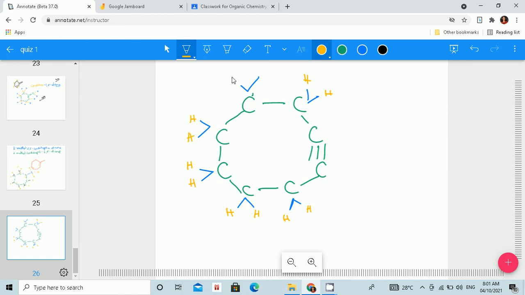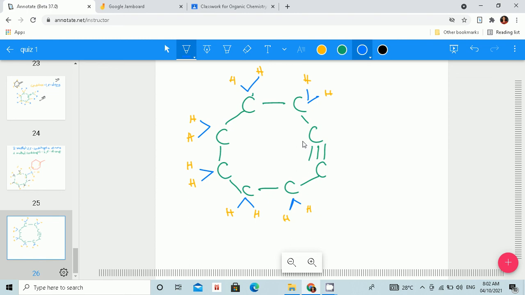Okay, how are we going to name this one? So let's count the number of carbons. Of course, this is a cyclo, so we will write 1, 2, 3, 4, 5, 6, 7. Okay, let's count first. Rule is you count first.